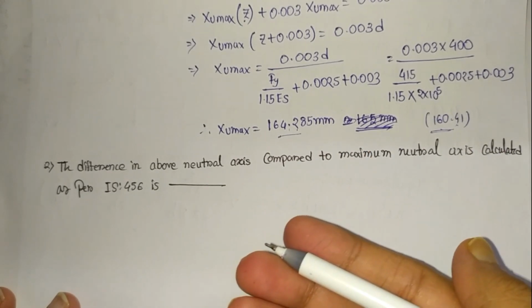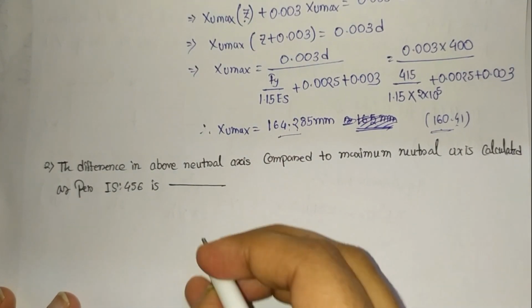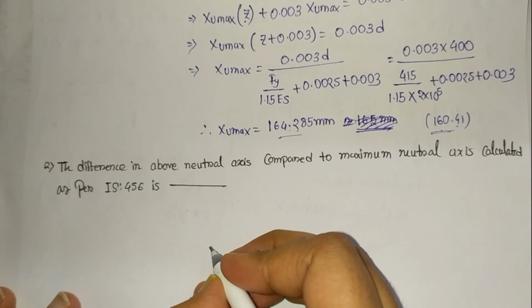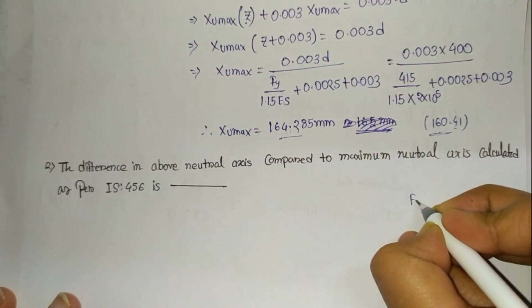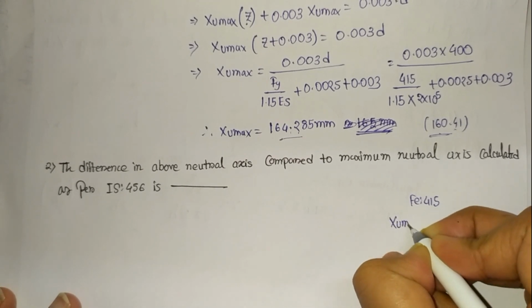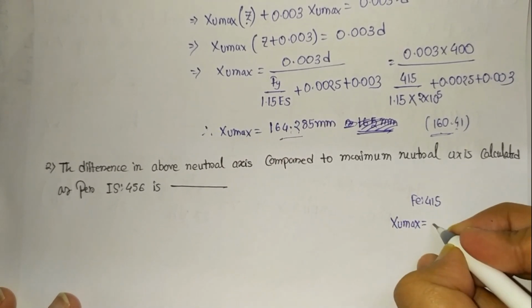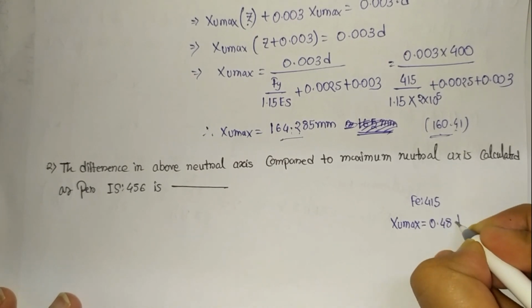As per IS 456, for Fe 415 the formula for xu max for a balanced section is 0.48 d.